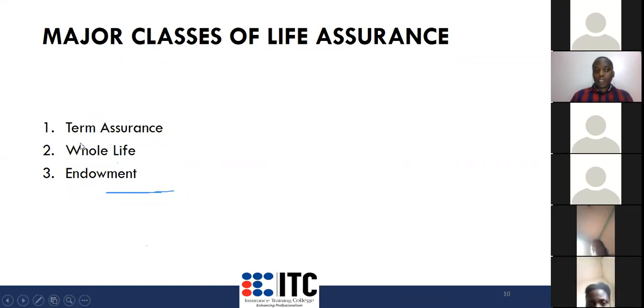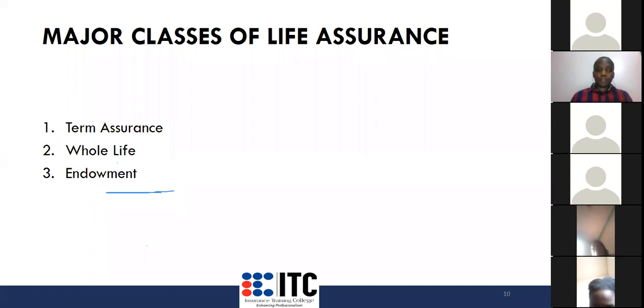If I'm looking at an element of savings, I would want to have my endowment there. Yes, I've seen term lives that have a cash back payout, but it's just a way of playing with the pricing. You play with the pricing to provide for a cash back.